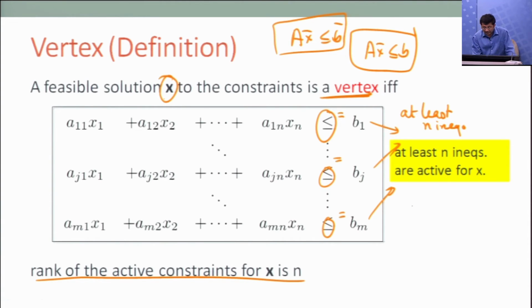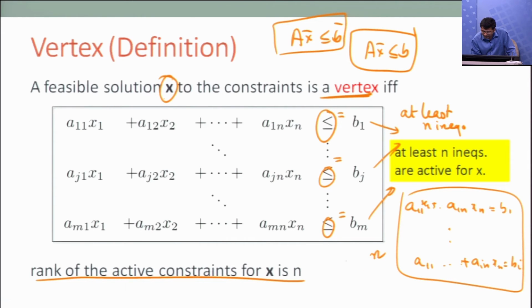If you collect the active constraints, a11 x1 through a1n xn equal to b1, and so on, there are at least n of them. Then the rank of the matrix formed by these active constraints is n. That means that if you look at them as hyperplanes, then they intersect and uniquely define a single point, which is X.